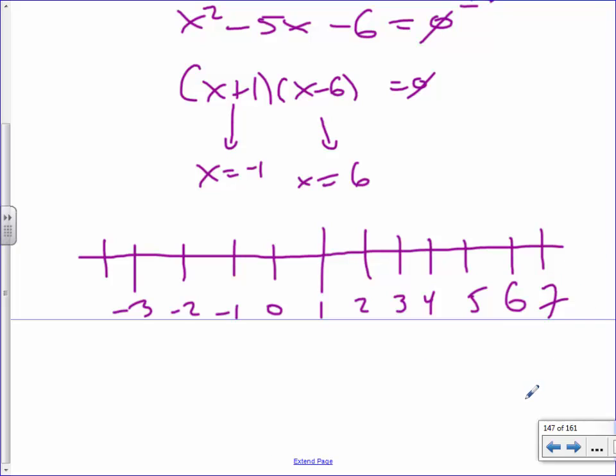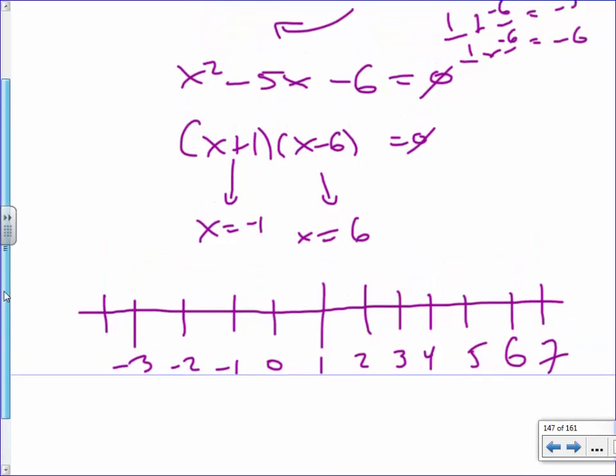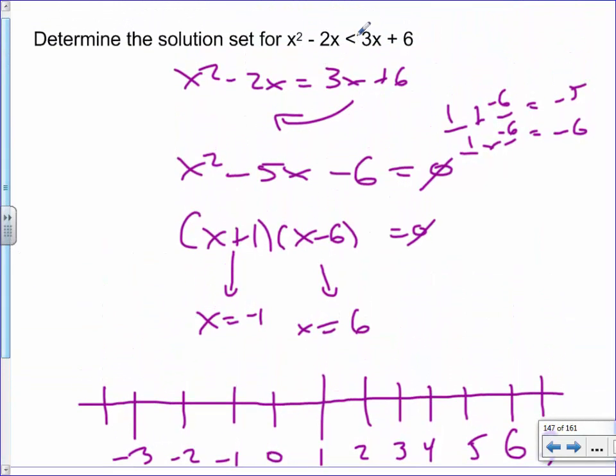All right, first question you have to ask then is, are we allowed to include negative 1 and 6? Is it a greater than sign or a greater than or equal to sign that we started with? This sign right here is just a less than sign, so we don't get to include negative 1 and 6.